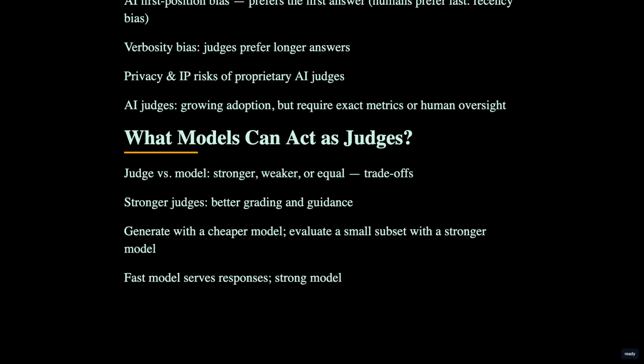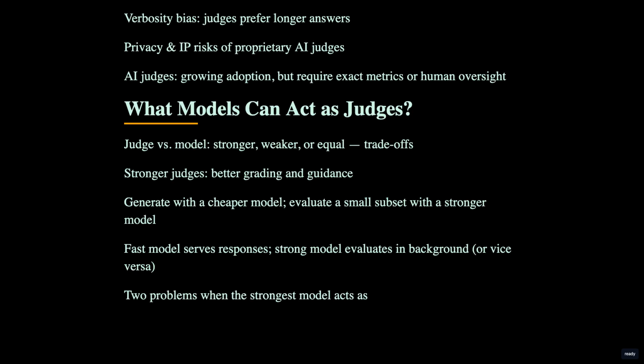When a stronger model is too slow for real-time use, run a faster model to generate immediate replies while the stronger model evaluates those replies in the background. If the strong model finds a poor response, take remedial action such as replacing it with the strong model's answer. The opposite pattern, strong model generates and weaker model evaluates, is also common.